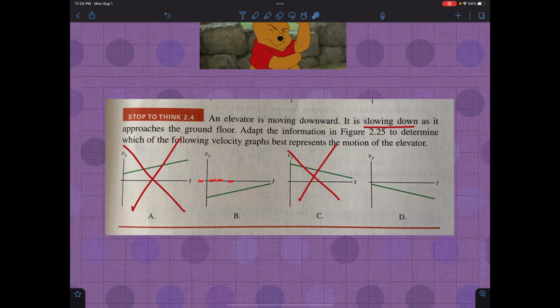Here's the baseline of 0. This means 0 velocity. Is it getting closer to it or is it getting farther away? Well, it's getting closer to it because we're approaching the ground floor and we want to stop. Ideally at the ground floor, the velocity is 0. It's not some huge number right there and we have to jump off. That would be scary. This velocity time graph shows the object getting closer to 0. So that's the one we want.